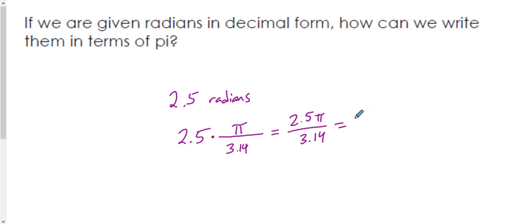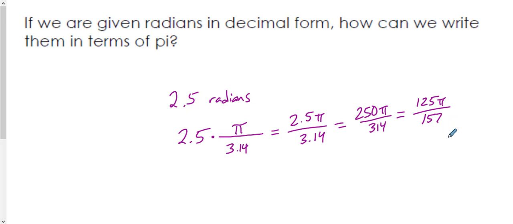So this ends up being 250 pi over 314. Both of these are still even, so we can reduce this fraction. If we cut both in half, we end up with 125 pi, and 314 cut in half is 157.